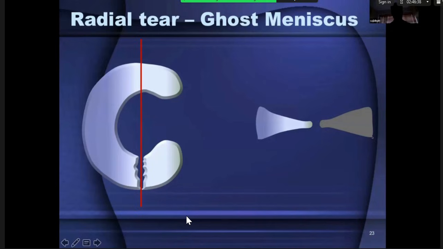So that's called a ghost meniscus. In the adjacent slices, we would see a normal meniscal tissue, but on this particular one, we won't be able to see the meniscus at all. So that would be an exception to the two-touch rule. We can see a big radial tear just on one slice, but then you would be able to see that in the coronal plane to confirm that it's an actual tear.